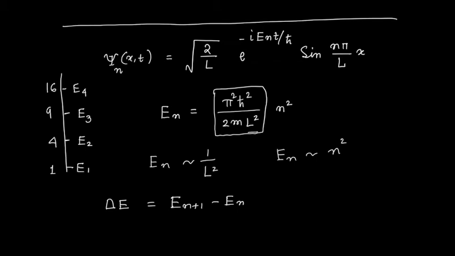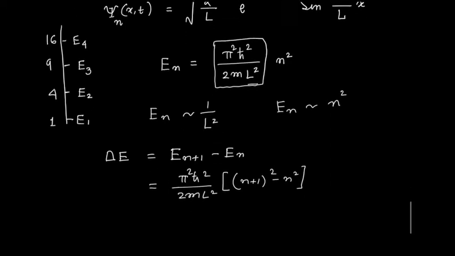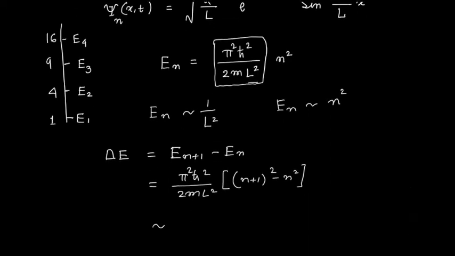Now we are asking the question, what is the difference between two consecutive energy levels? For that it is straightforward. So this is over 2mL square, and then I have to do (n plus 1) whole square minus n square. That you know. So let's just concentrate on the n part. This will be 2n plus 1.